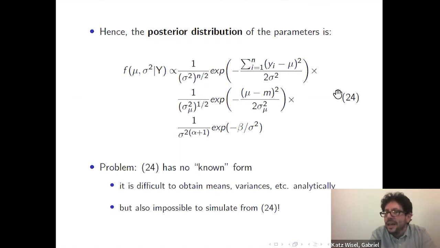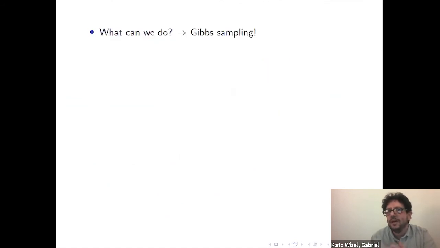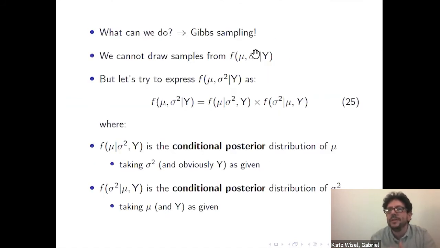And this is, however, when the Gibbs sampler comes in handy. Because what does the Gibbs sampler do? Well, we said break down this problem of deriving the joint posterior distribution of the parameters into a series of conditional distributions.